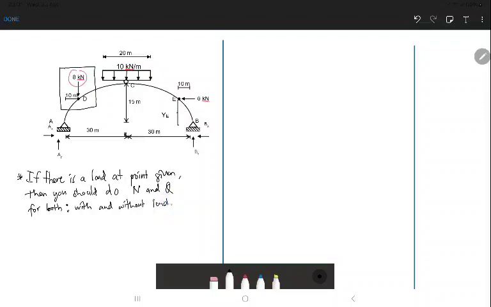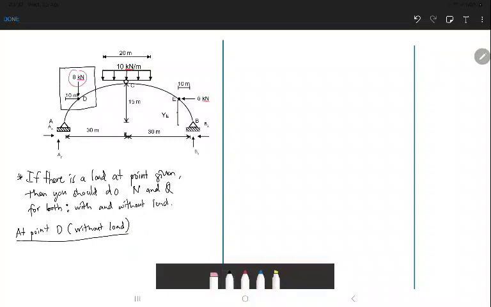Okay, clear here. So first what you should do is you write at point D. We do without load first.